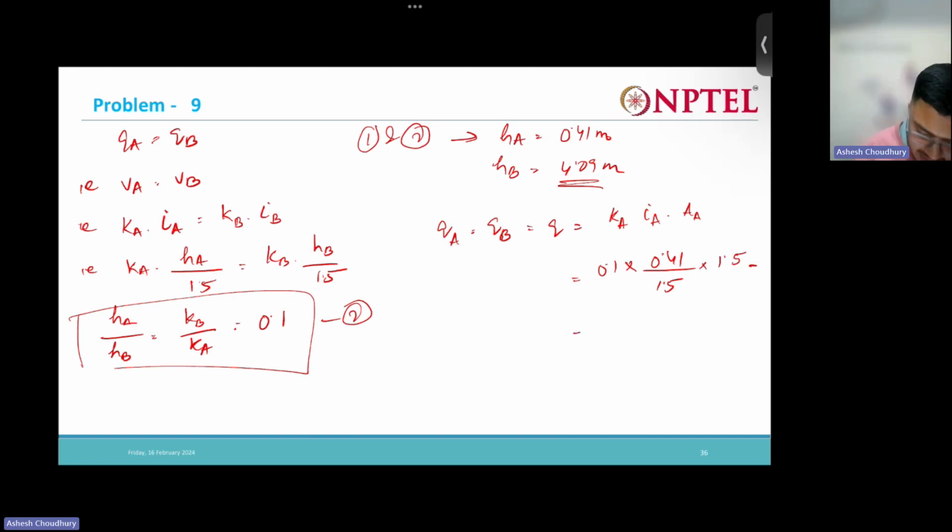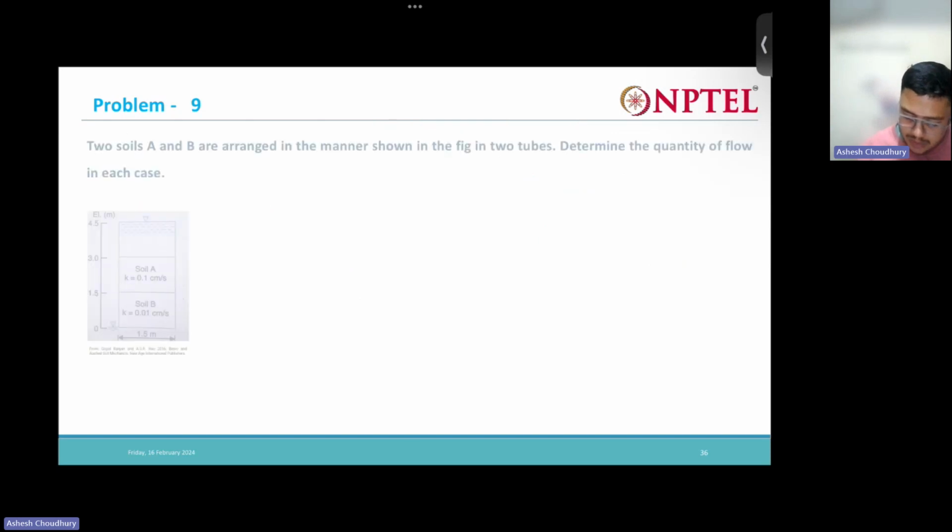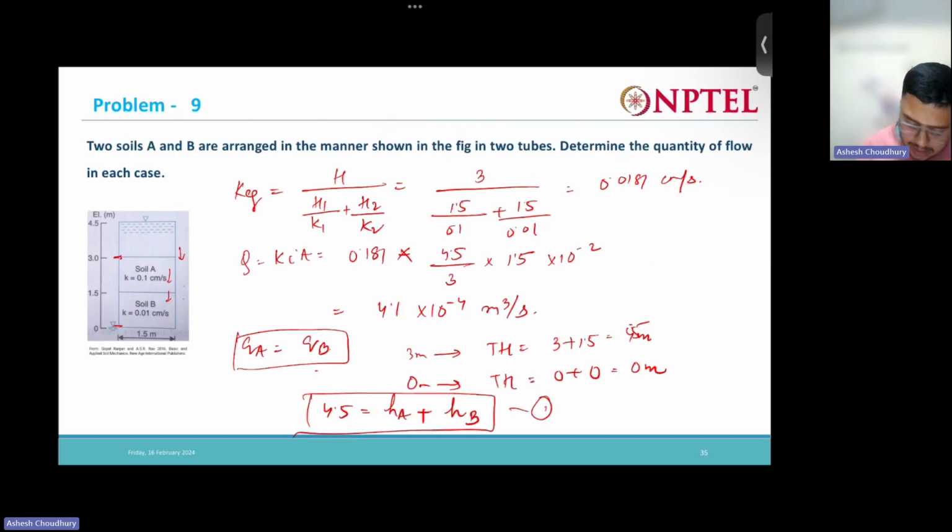This will give the same answer, 4.1 into 10 to the power minus 4 meter cube per second. Okay, the same result. Same here also you are getting 4.11.